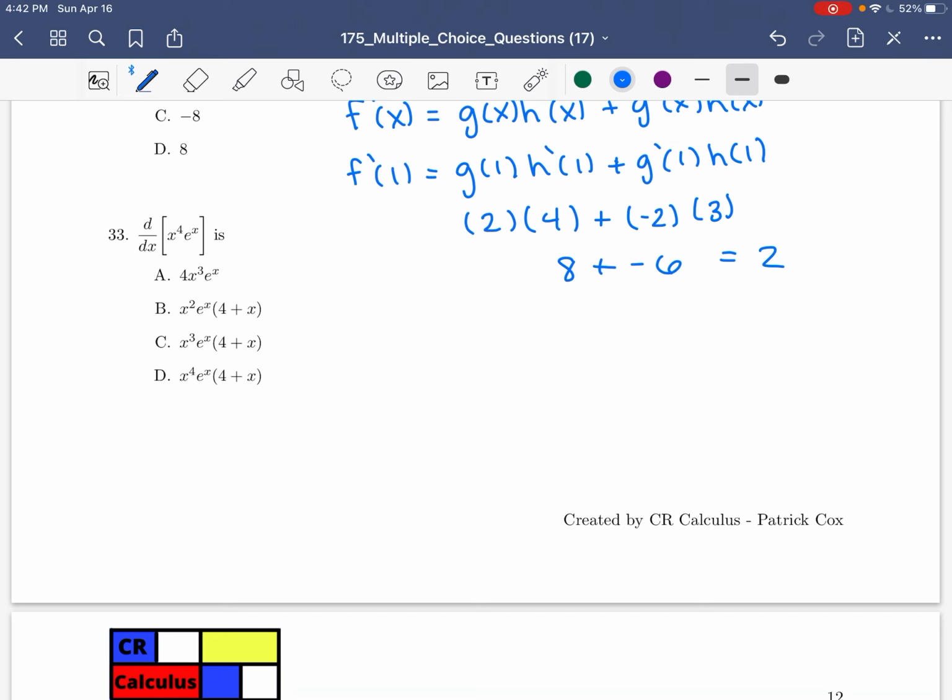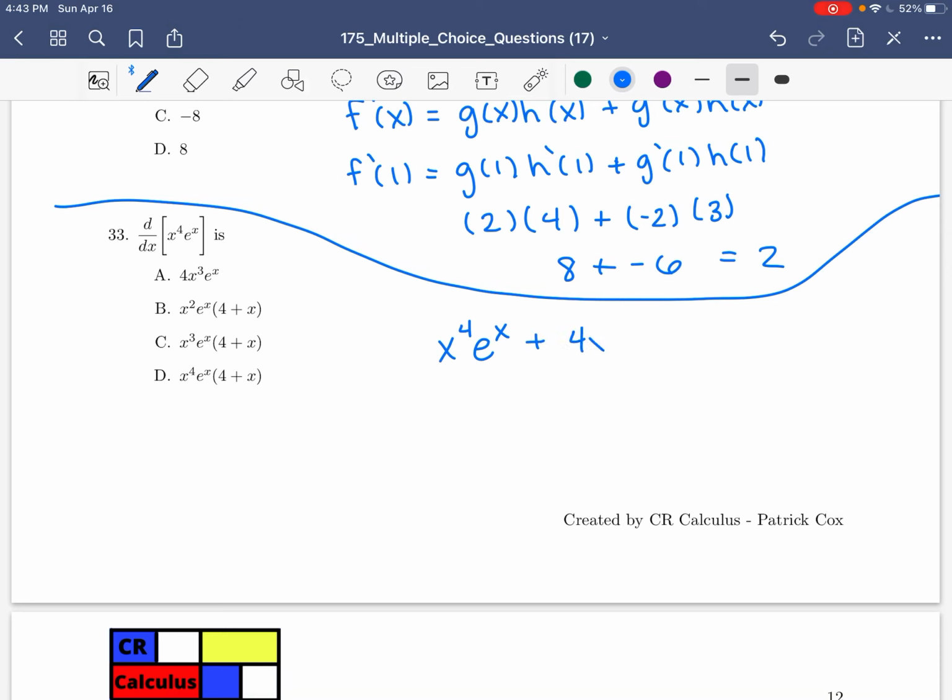33, we need the derivative of x to the 4th times e to the x. Once again, these are two functions multiplied by each other, so we need product rule. So we'll start with x to the 4th. That's the original first function times the derivative of the second. Derivative of e to the x is just e to the x, plus derivative of the first, 4x cubed, e to the x. So that's our answer. However, it does not match either one of these.